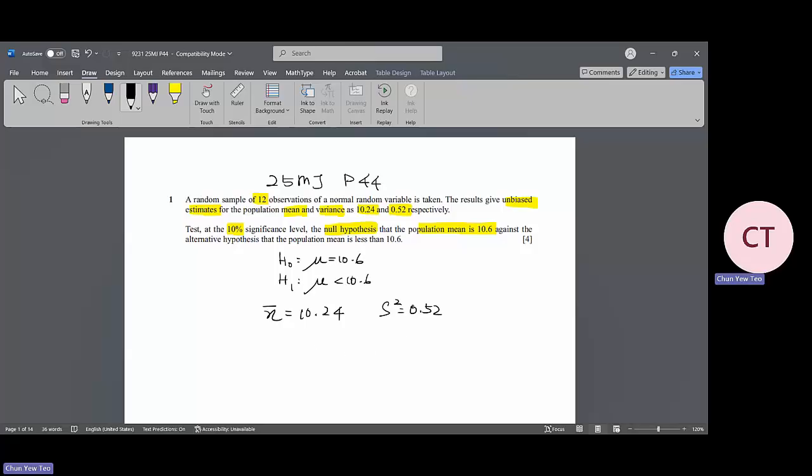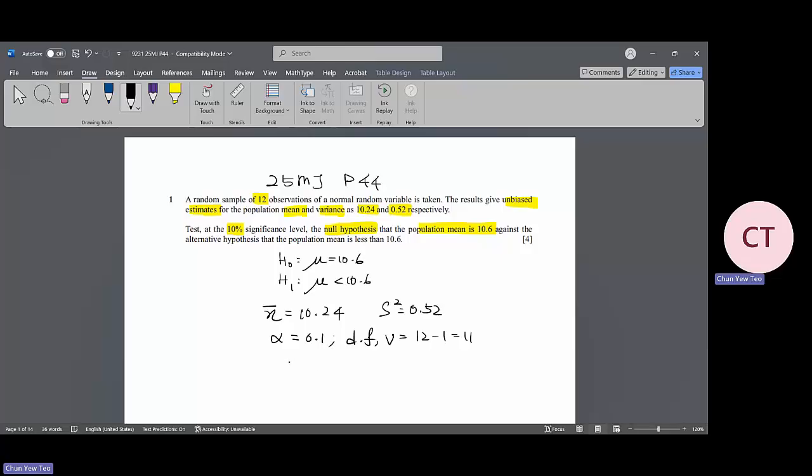Okay. So now our test will be alpha is equal to 10%. Then the degree of freedom is 12 minus 1, which is equal to 11. Okay, this is the degree of freedom.